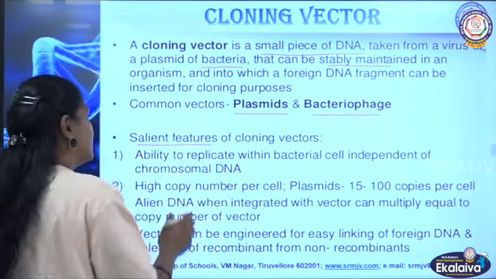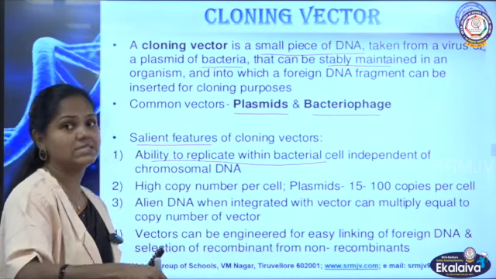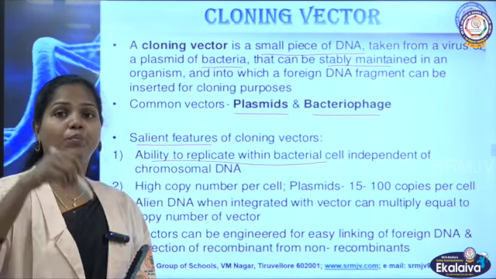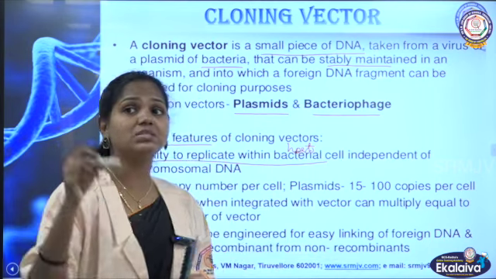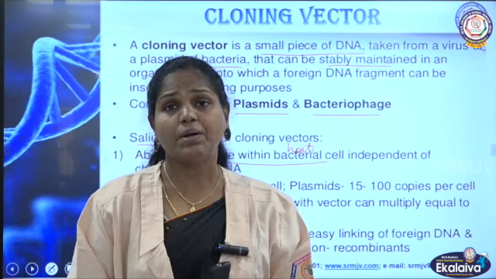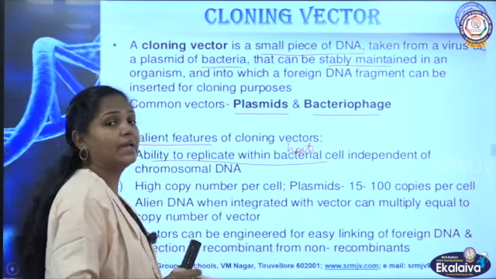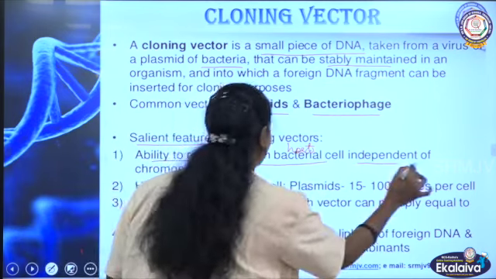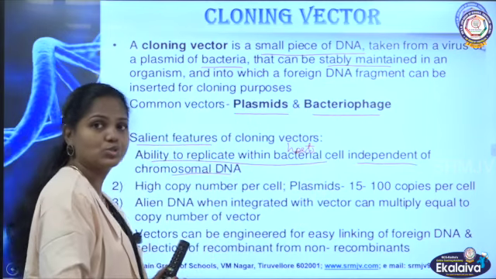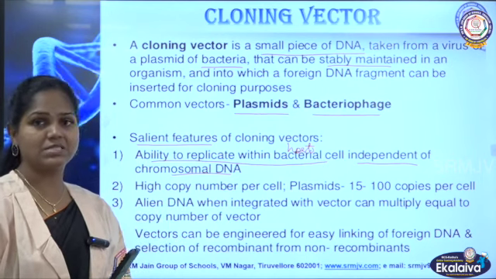The first one is the ability to replicate within the bacterial cell, the host cell. When you introduce this cloning vector into some other bacteria, it is comfortable and can replicate independent of the bacterial chromosome, by itself within that bacterial cell.